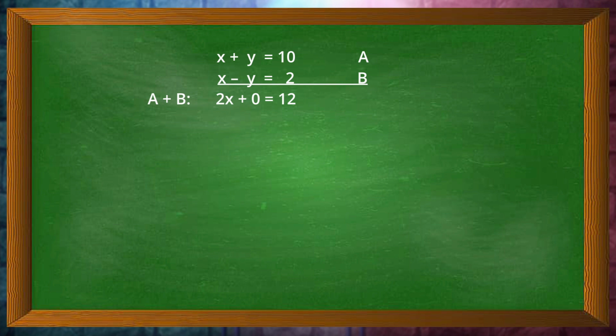But positive y and negative y add up to 0. They are called additive inverses. This means that there is no y term left. On the right side, 10 plus 2 makes 12. By adding the two equations together, the y has been eliminated.